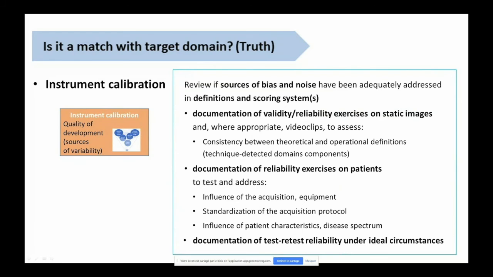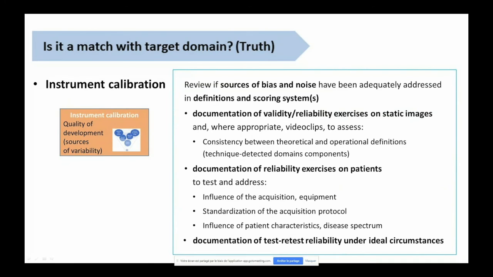And also, if there is in the literature the documentation of the reliability exercise on patients, which permits us to be sure that some points have been addressed, for example, the influence of the acquisition and the equipment, the standardization of the acquisition protocol, and the influence of the patient characteristics and the disease spectrum. It is also important that we have the possibility to document the retest reliability under ideal circumstances.